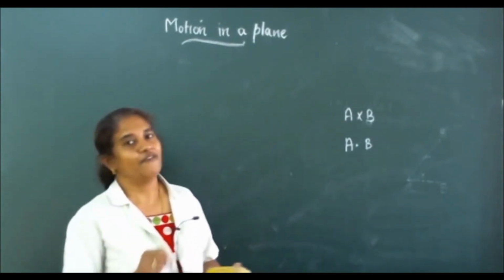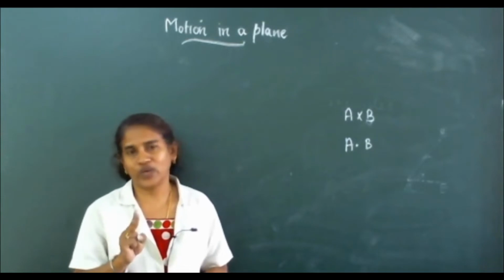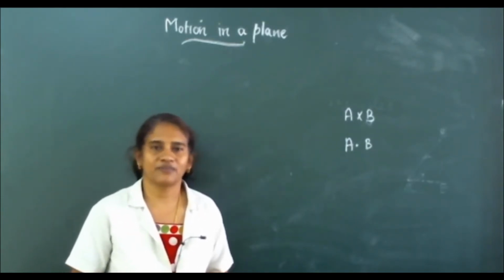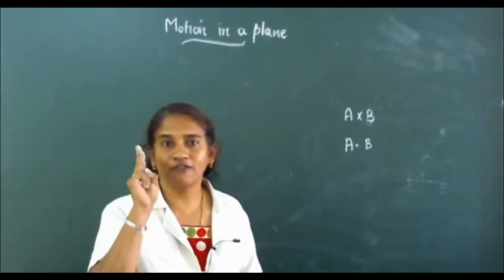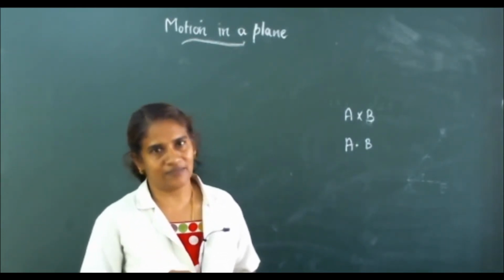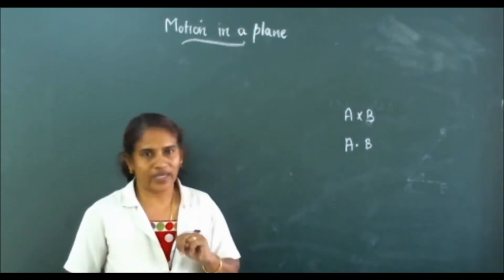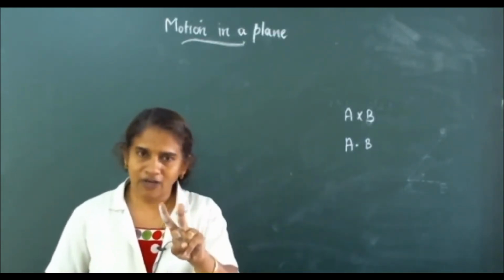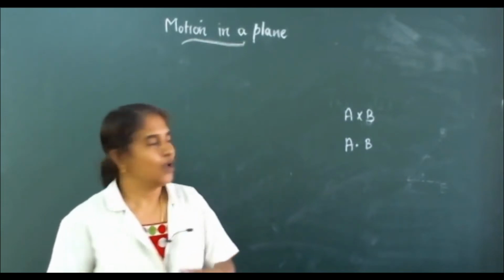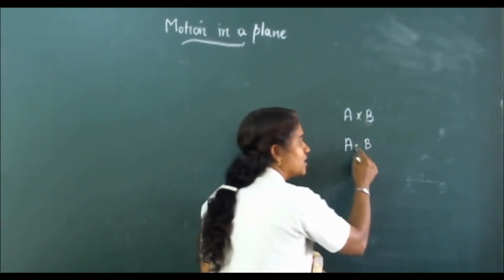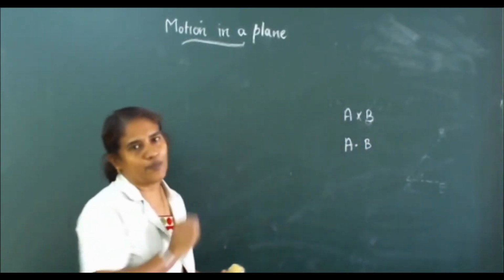That means when we are multiplying two vectors, two types of products are there. One is called the cross product and the other is called the dot product.